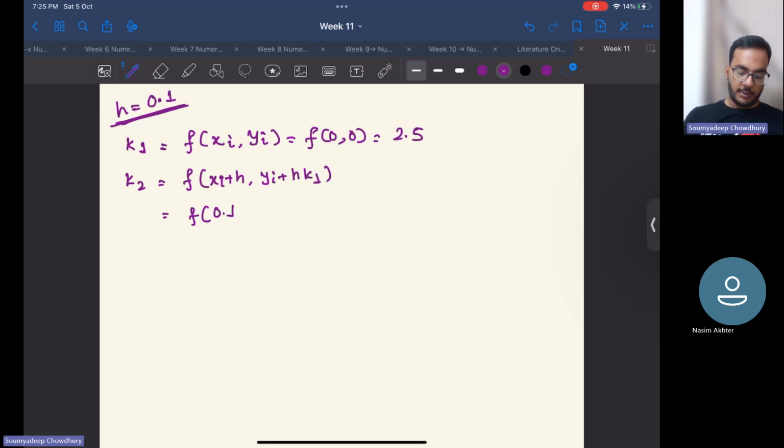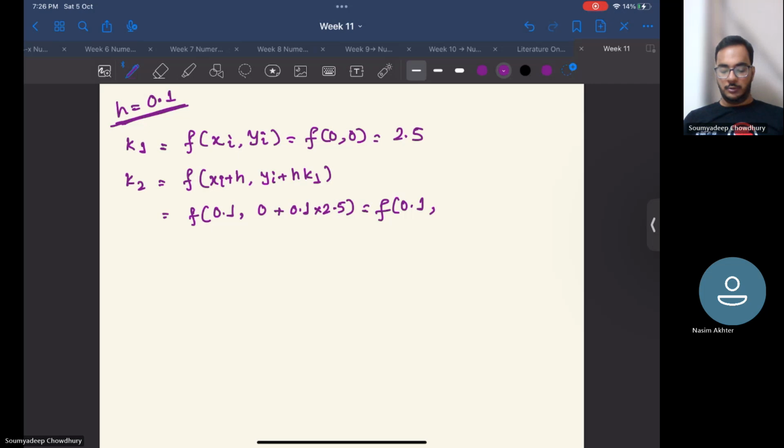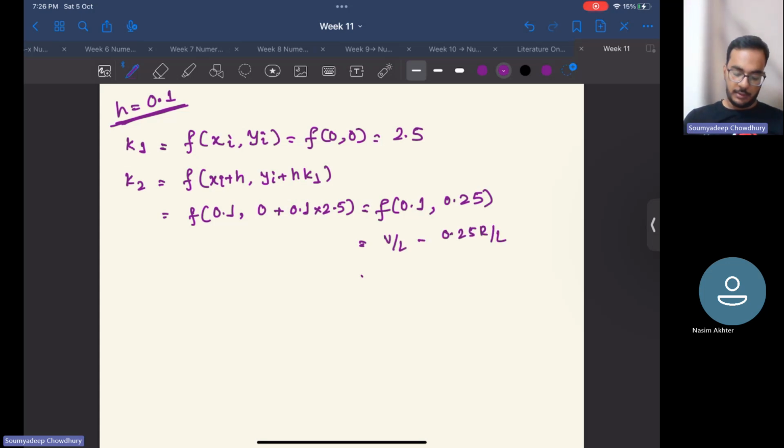So h is 0.1 now, right? y of 0 is 0, 0 plus h is 0.1, and 0.1 into 2.5 is 0.25. So f of 0.1 comma 0.25 is V by L minus 0.25 R by L, which is 2.5 minus 0.25 into 2, that is 2. So K1 we have got, K2 we have got.